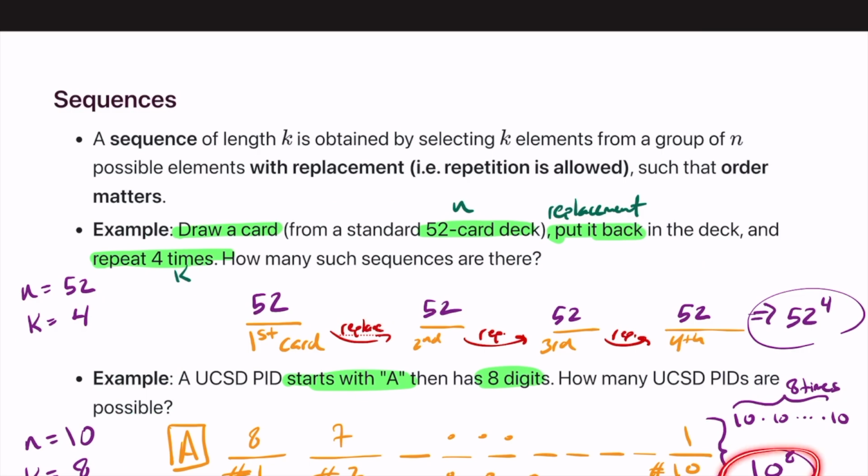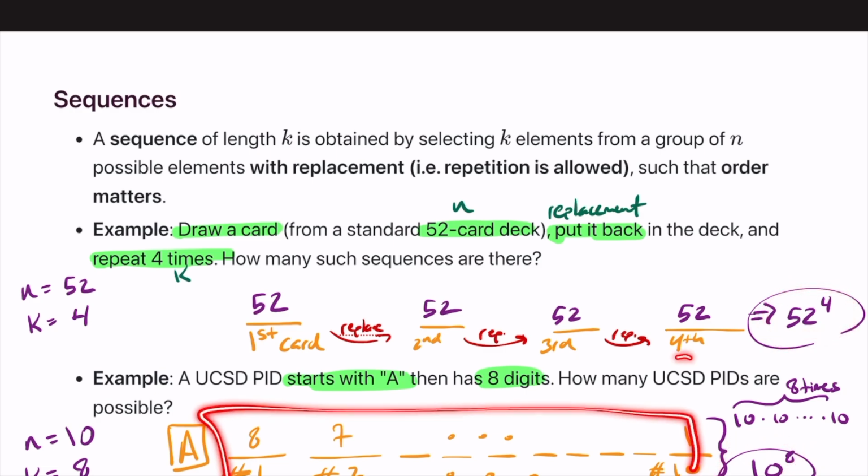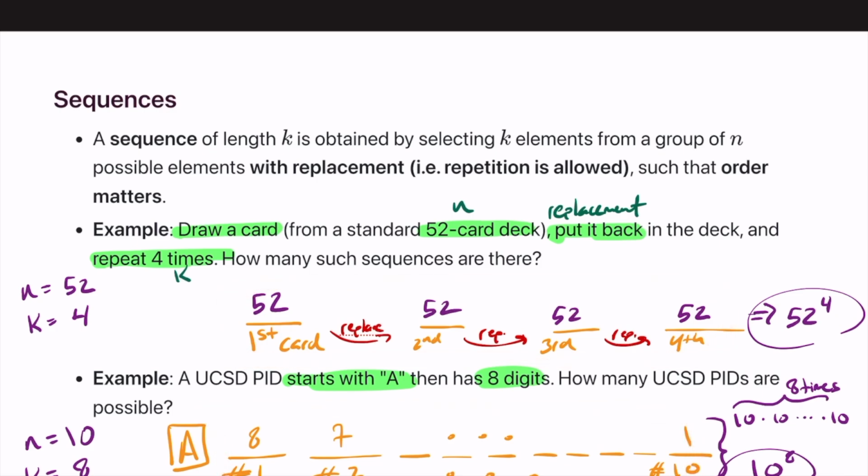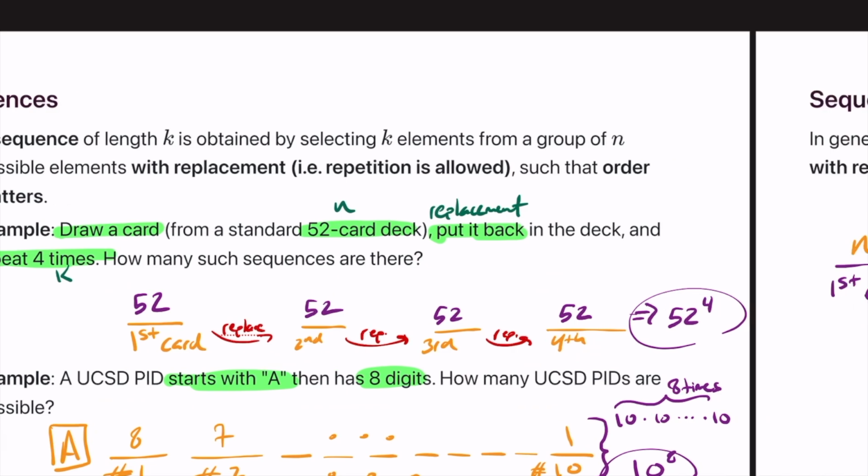We have these formulas that we can think of, but sometimes it's hard to know exactly what goes in here or how you write this. And sometimes drawing the pretty picture, like writing this out explicitly, can help you sort through the logic of what you're doing. I think that can be very helpful.